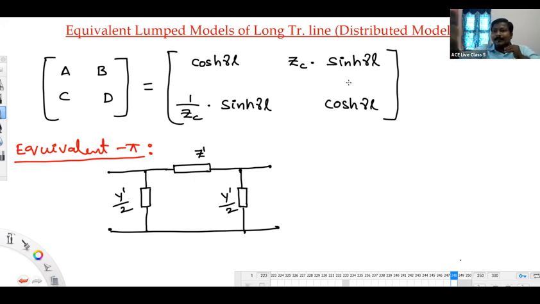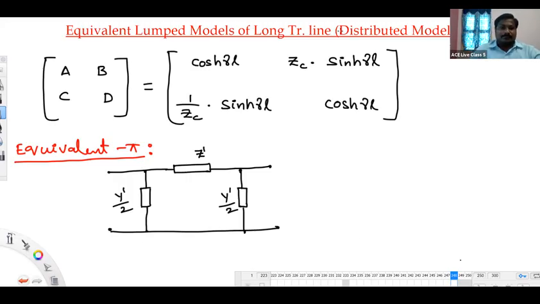ZC sinh gamma L. These two we should match. What is parameter C of the equivalent pi model? Y dash into 1 plus Z dash Y dash by 4. That should equal parameter C of the line, 1 by ZC sinh gamma L. Similarly, D also. By matching like this, we should calculate the values of Z dash and Y dash by 2.